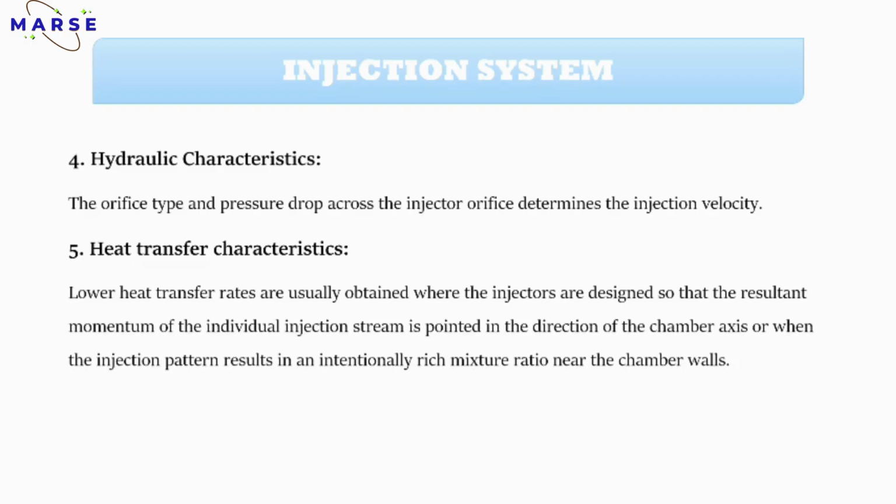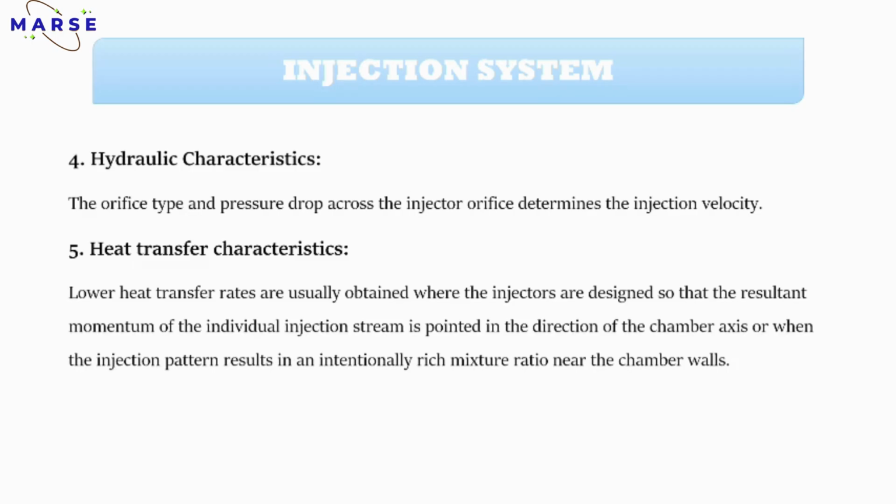Heat transfer means, for example, if some combination is present as a fuel part and an oxidizer part, obviously the first one is the atomization process. After the atomization process, the combustion process starts. Got it?